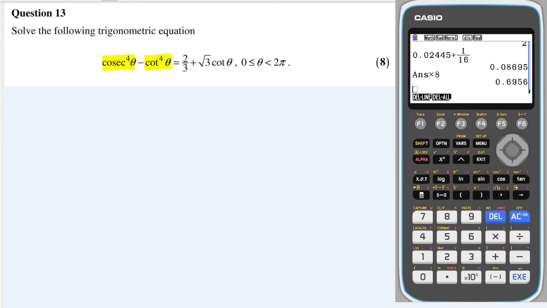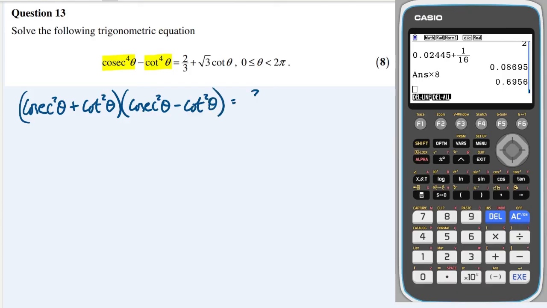So taking the square root of each one and then adding them together, and then multiplying them by them minus to one another. And that's going to be equal to 2/3 plus root 3 cot theta.